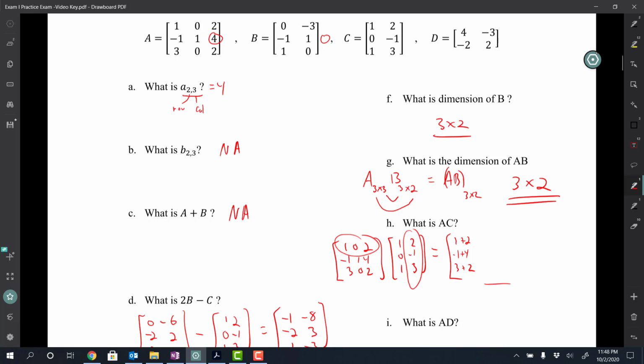So here I'm going to have 2 plus 6, then -2 minus 1 plus 12, and 6 plus 6. When I simplify all these values, I'm going to get 3, 3, and 5, 8, 9, and 12. So this would be the product A times C.